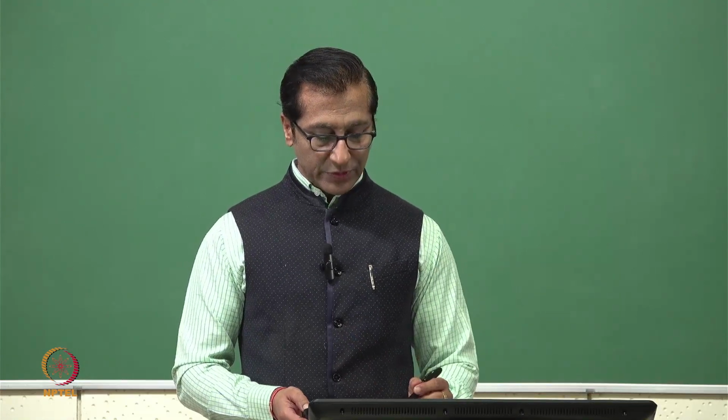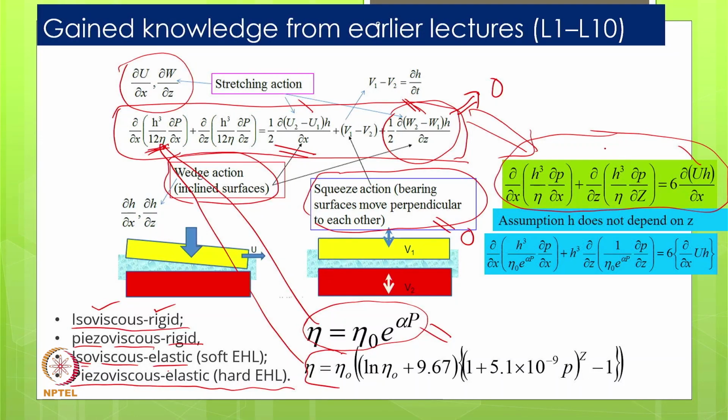Now further we can simplify. We say that in this situation h is also not a function of z. That's what has been given. h does not depend on z. In this situation h can be brought out, and that has been given here. And then viscosity, because we are trying to go ahead with the piezo-viscous rigid expression, eta value can be substituted, and that's what has been given over here.